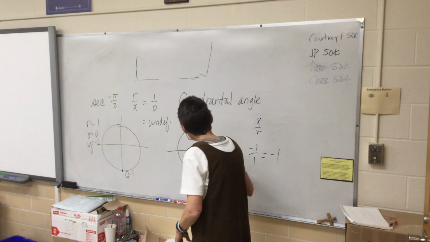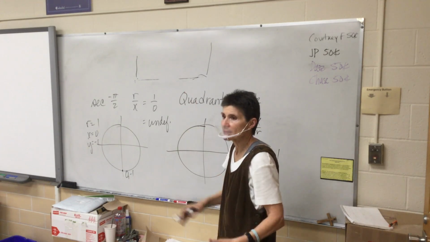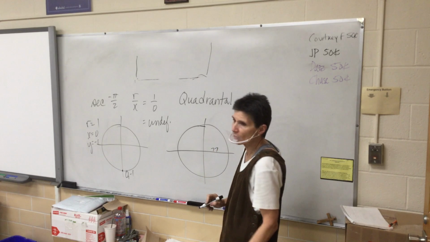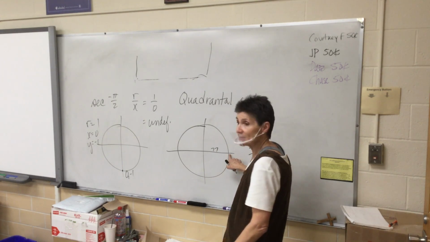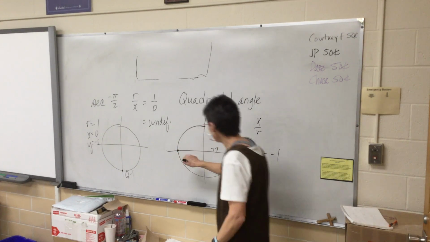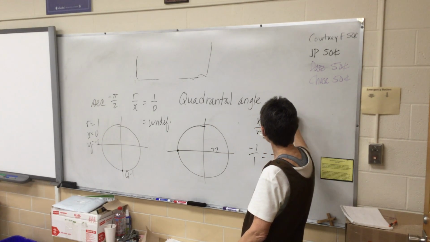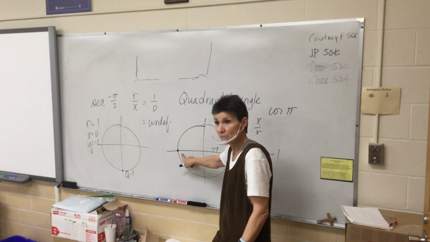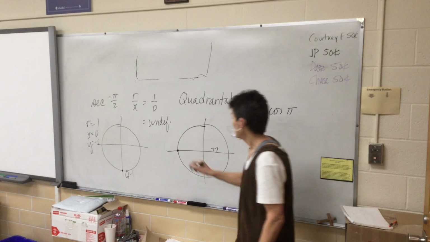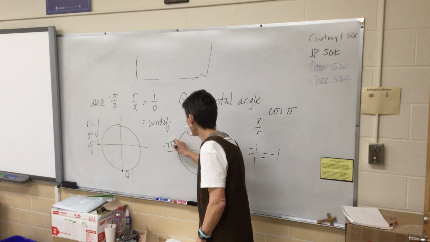So let's suppose that the radius of my circle was 77. That's the year I graduated from high school. 77. Now, what would that make the coordinates of this point? We're doing cosine pi. Pi is over here. What would be the coordinates of that point then? -77, 0.